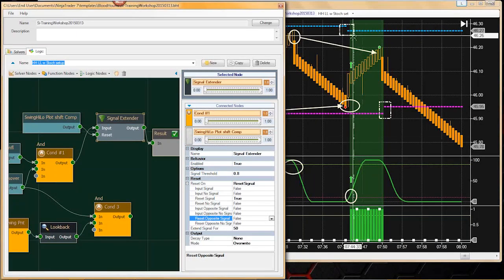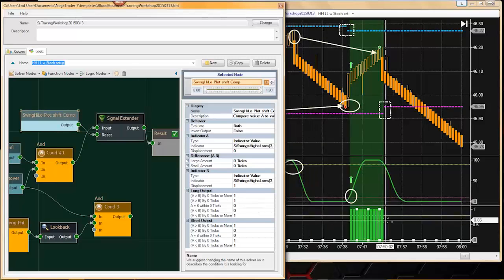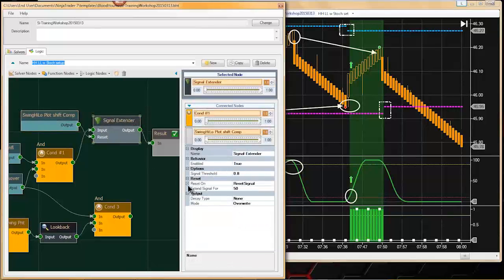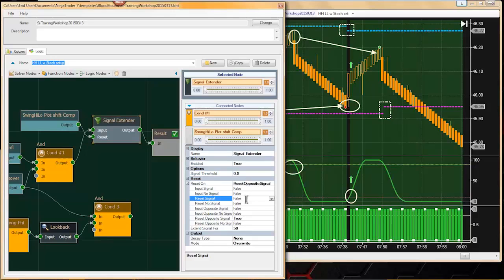So remember, we're getting a short output out of this solver that's resetting the long state. So what we're going to be using is this reset opposite signal. That's the one that we want to turn on. We don't want to use the reset signal. Let's turn that off.